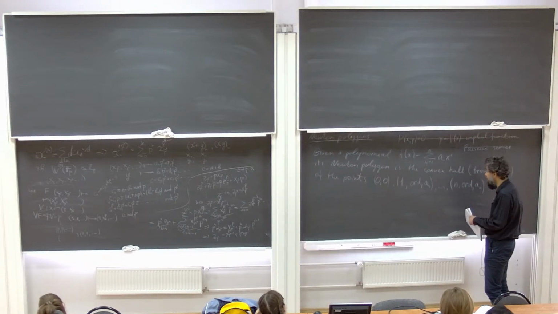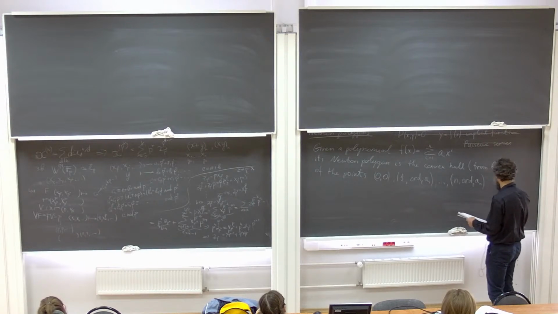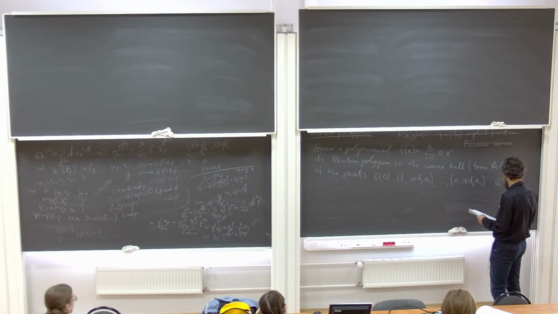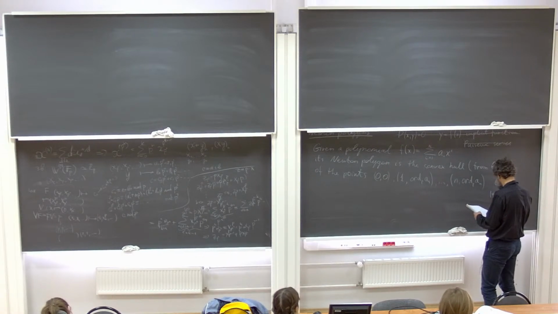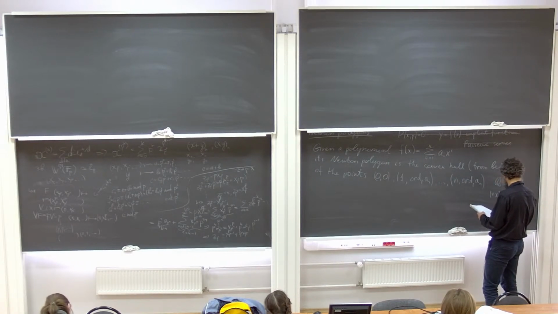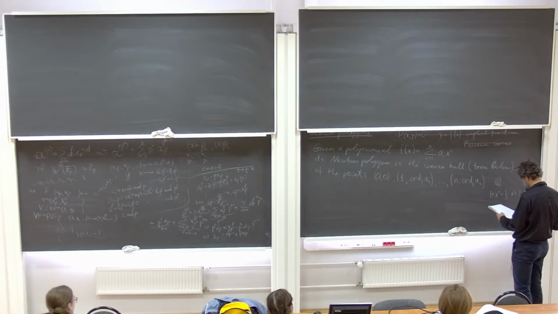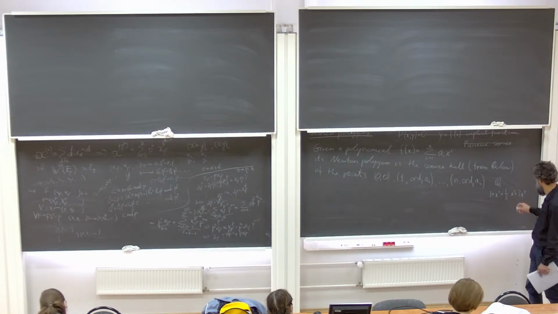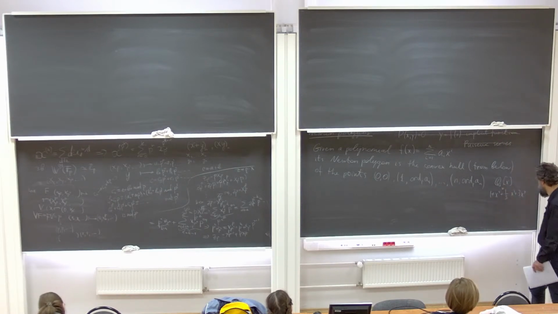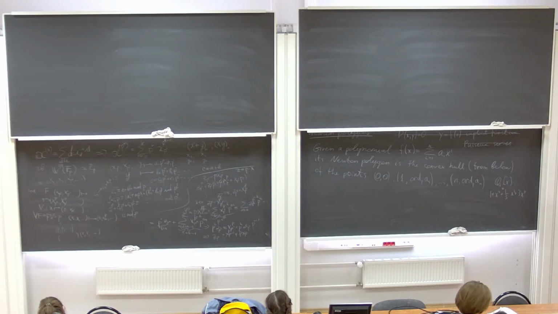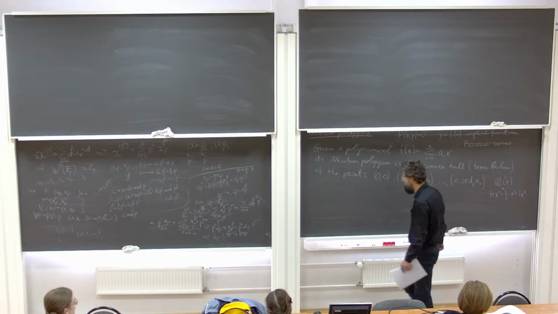So, for example, let's consider Q3 and the polynomial 1 plus x squared plus 1/3 x cubed plus 3x to the 4th. Okay, so it lies here. And let's draw its Newton polygon.